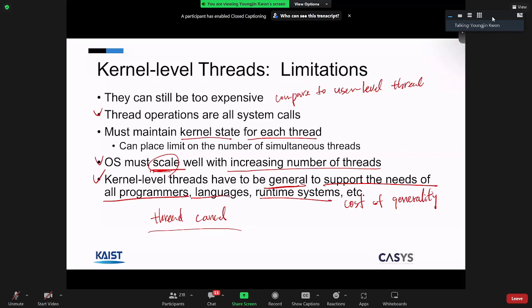But once you start implementing the thread in the kernel, you need to support all the possible use cases for programmers, languages, and runtimes. So kernel level thread implementation is usually much bigger and less efficient than specialized user level. Okay. That's the cons of kernel level thread implementation.